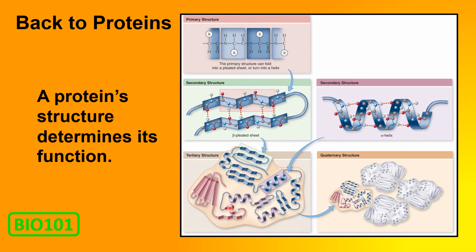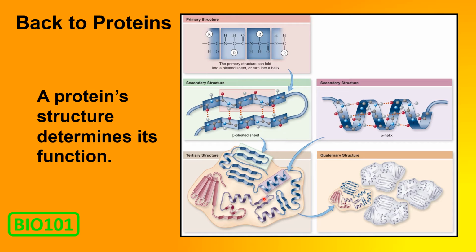And then you take that secondary structure, and by the way, in one part of the amino acid chain you could have an alpha helix, and in another part a beta pleated sheet, as we see down here. And when you get that all together, then it becomes globular, and we call that tertiary structure.